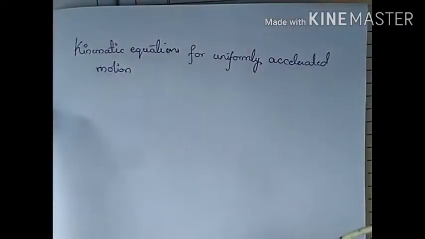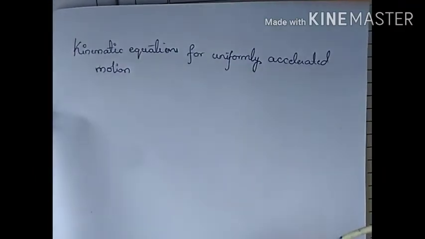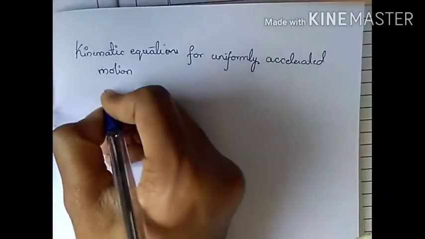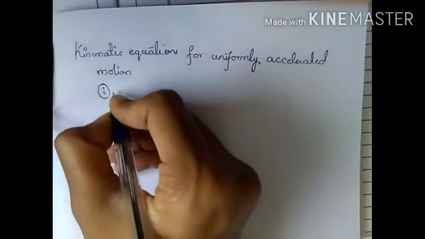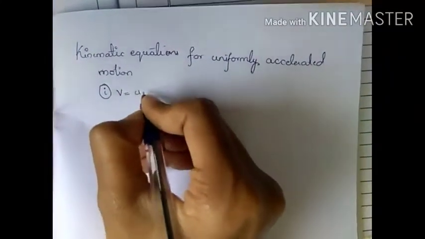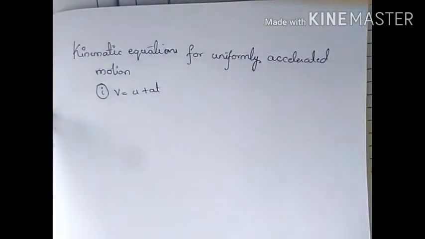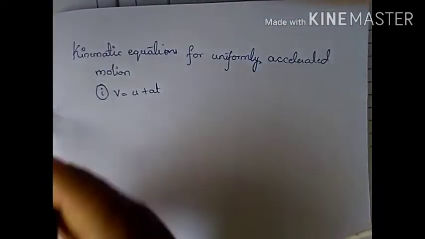From the velocity time graph you derived three equations, that are v is equals to u plus at, which is the basic equation.